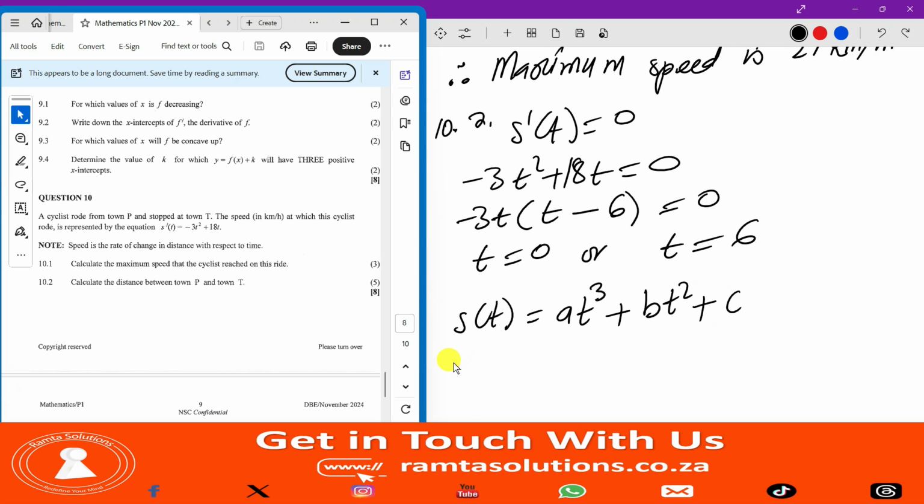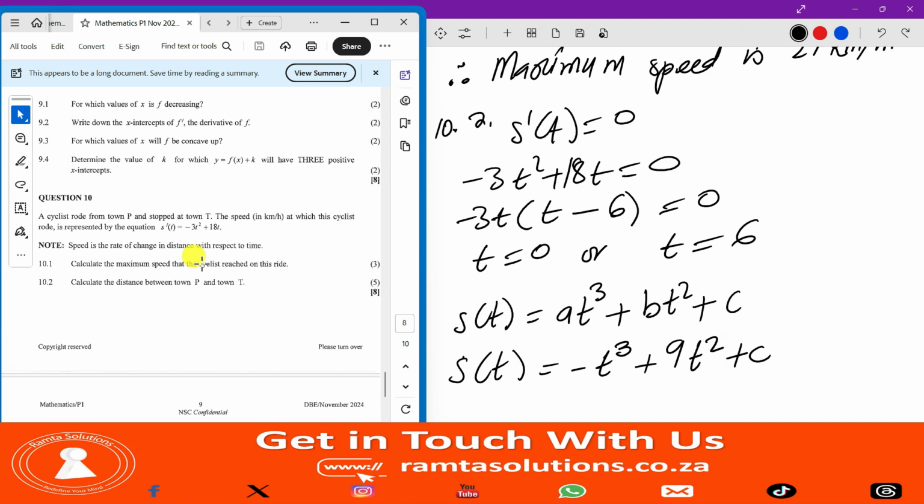So let's see now. When you look at this s of t, from this equation, we had negative 3t squared, so it means we had negative t cubed. And what is this? 18. So we must have had 9t squared plus c.